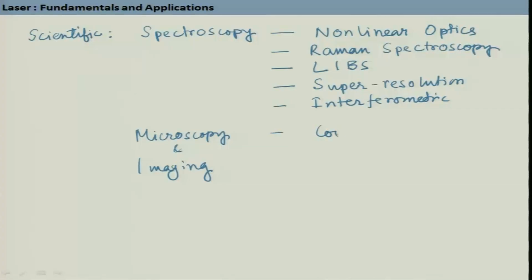If you talk about confocal microscopy, you need laser. You want to have multiphoton microscopy, you definitely need laser. Without laser you cannot have multiphoton microscopy. And many of you may be aware that multiphoton microscopy is one of the wonderful tools today that people use in biology, medicine, material science, and why not.